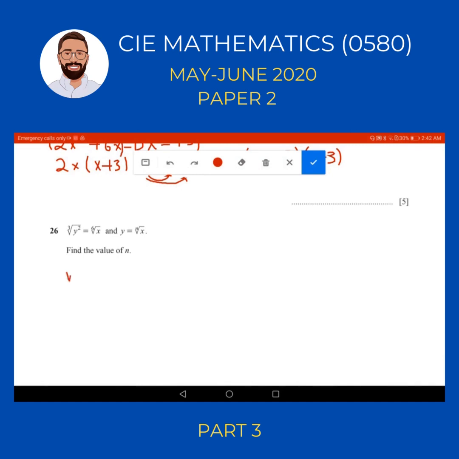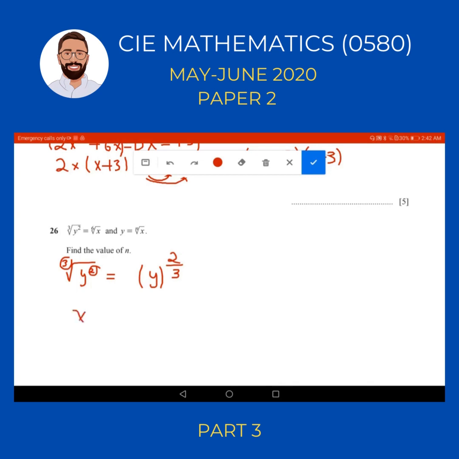Now, the cubic root of y squared can be written as y to the power of 2 over 3. The tail usually goes into the denominator, and the power here is basically the numerator. So y to the power of 2 over 3 is the same as the cubic root of y squared.